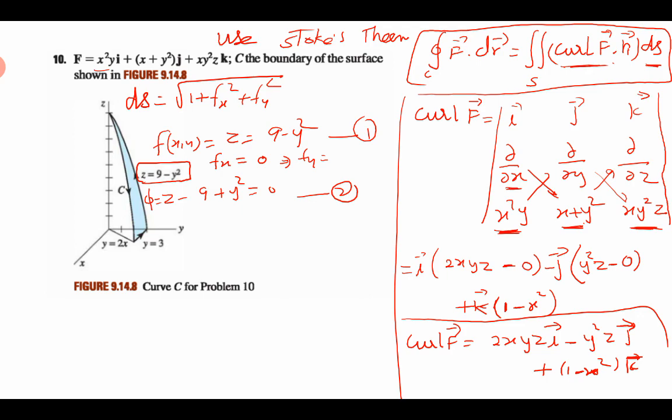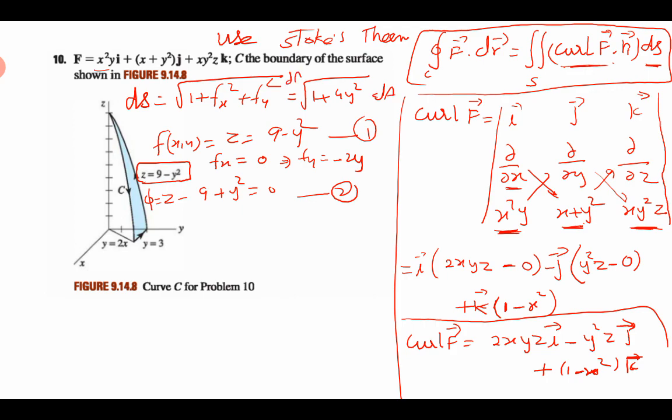Minus 2y. Therefore, dS will be square root of 1 plus 0 plus 4y square dA.